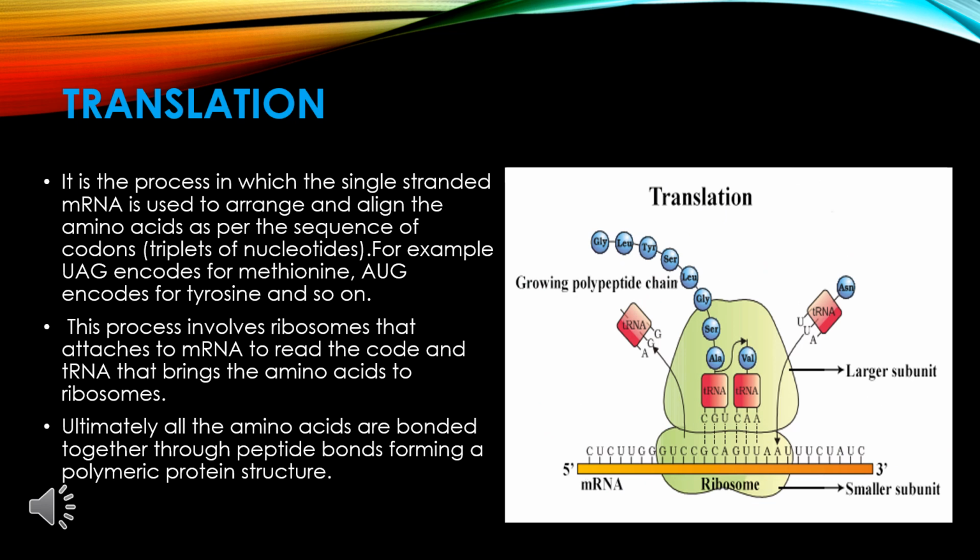The basic information or the genetic information has been copied in the form of messenger RNA. Now the process of translation begins. The transcript or the copy of DNA has already been synthesized in the form of messenger RNA. Transcription is over. That copy of DNA in the form of messenger RNA was transported from nucleus to the cytoplasm.